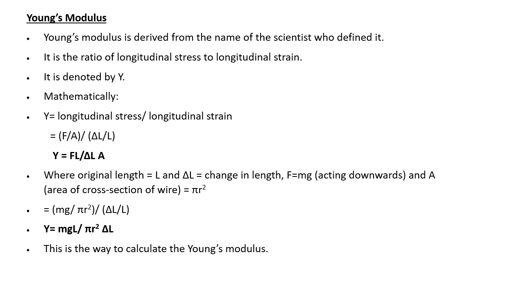By putting the values of longitudinal stress and strain, you get F by A divided by delta L by L, or F into L divided by delta L into A, where L is the original length, delta L is the change in length, F is the weight mg acting vertically downward, and A is the area of cross section of the wire, that is pi r square if r is the radius of the wire. So Y is equal to mg into L divided by pi r square into delta L.